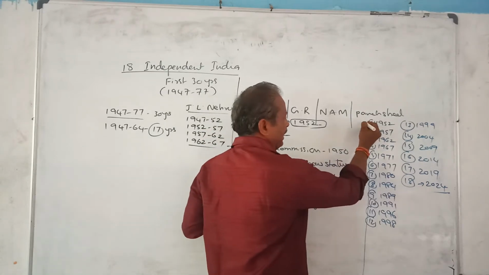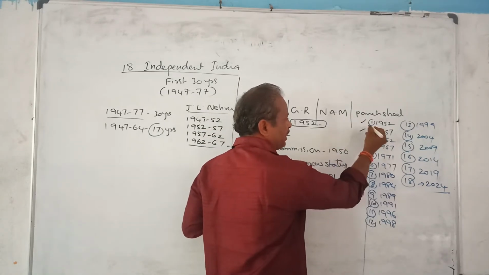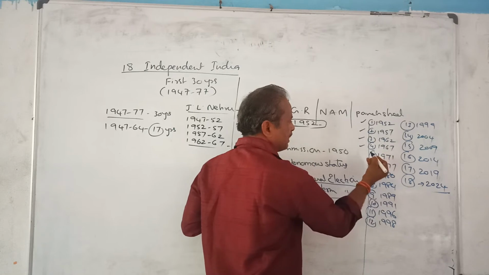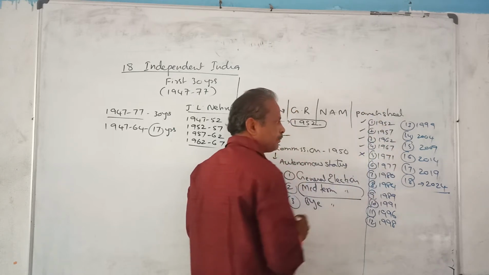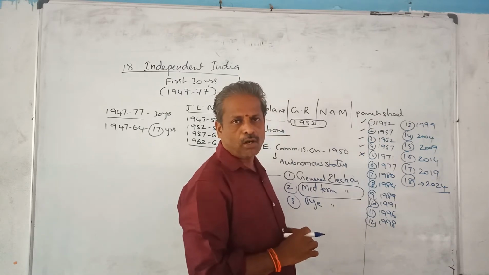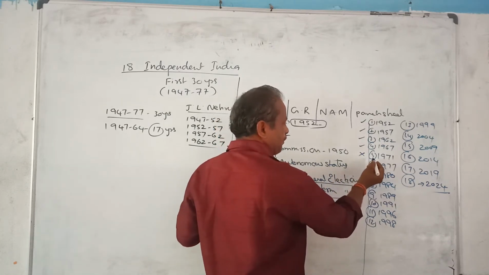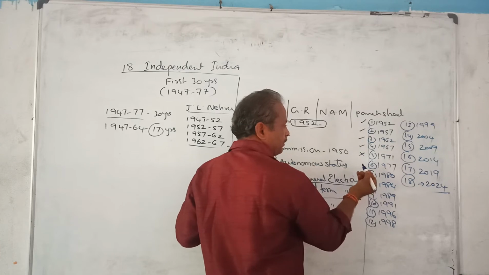Suppose 1952 general, 57, 62, 67, and observe here 71, the 5 years gap is not given, so here it is a midterm election.